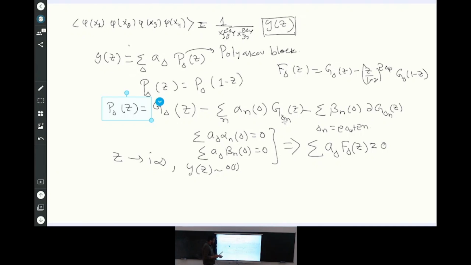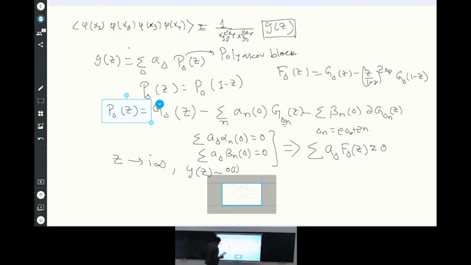Now instead of using the derivatives, we use these functionals for numerics. I'll just say one more connection of this Polyakov block with something that everyone is familiar with.